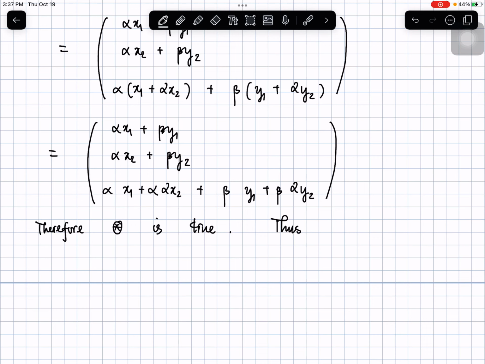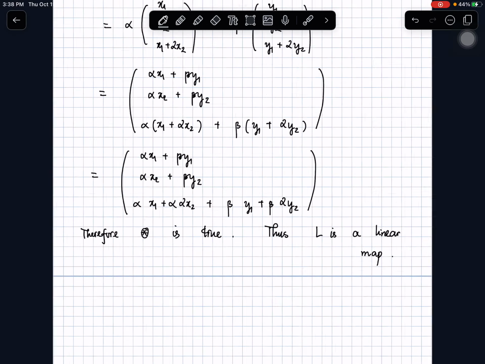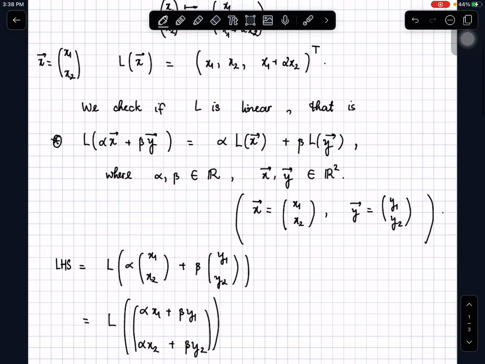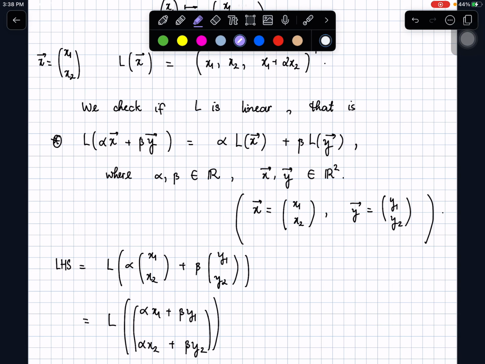And hence L is a linear map. We only need to check this condition, and if this is true for any scalars alpha, beta, and for any vectors x and y in the domain, then we have a linear map.